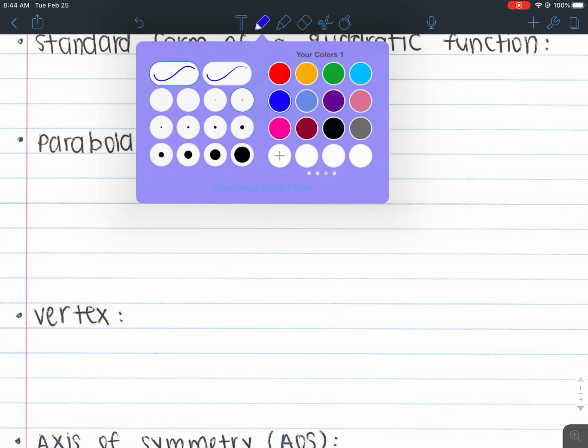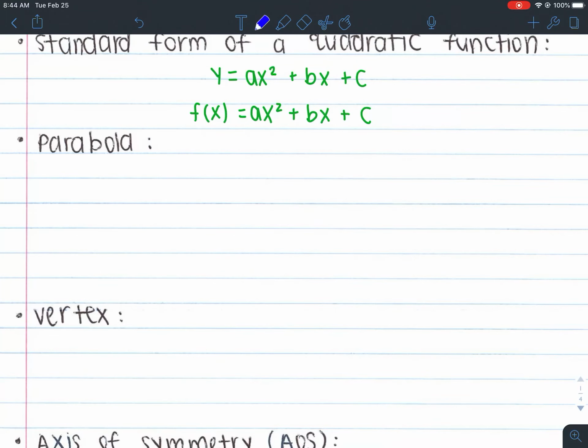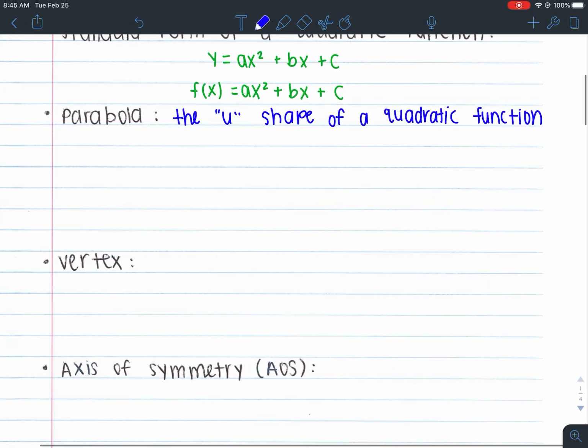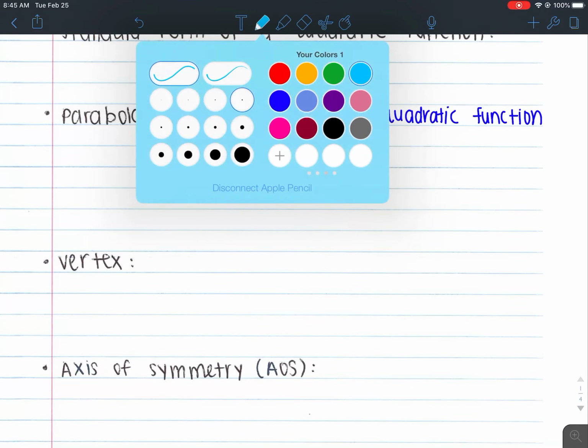All right, now let's talk about parabola. Well, what is a parabola? Well, a parabola is just a fancy way to call the U shape that the quadratic makes. So the U shape of a quadratic function. Okay, so I'm going to go ahead and draw two types of quadratics that you will see here.